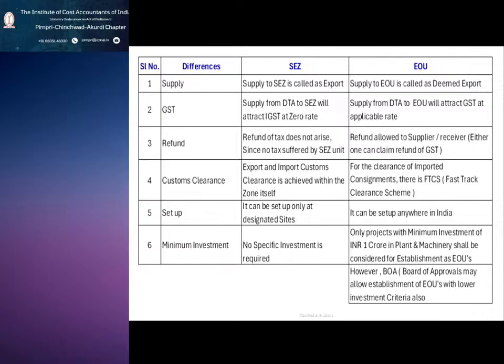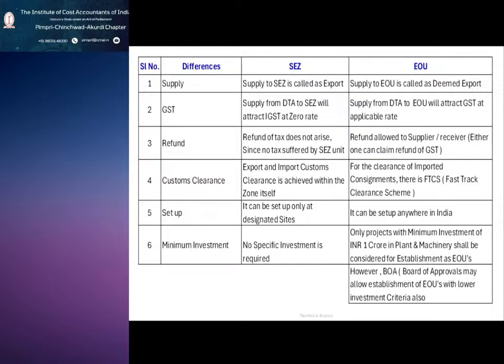Then minimum investment. What is the minimum investment? In SEZ it is not required, but for EOU, very important, the number is 1 crore minimum in plant and machinery considered for establishment as EOU. But sometimes, with the help of the board of approvals, establishment with lower investment, even below the criteria, can get approved.